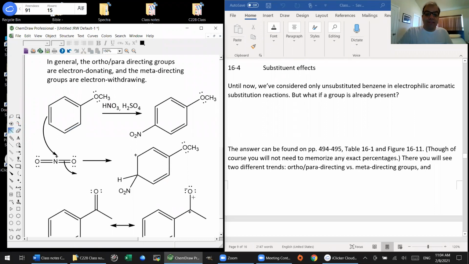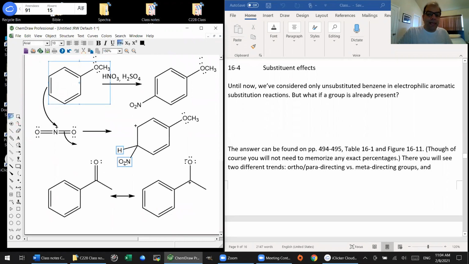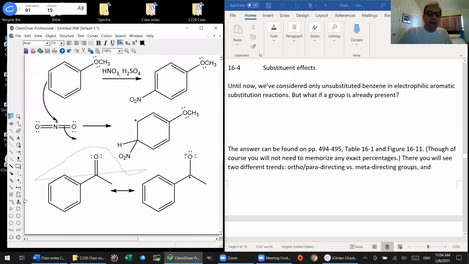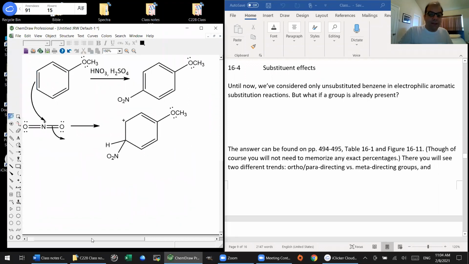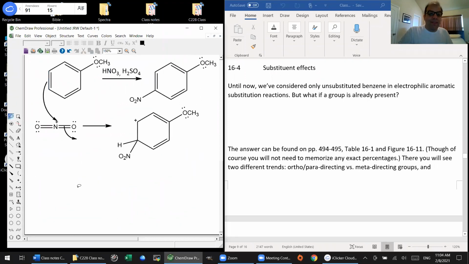So we do get this intermediate, and then we need to show removal of the proton to move the electrons in the carbon-hydrogen bond back into the aromatic ring. And again, I look around for anything that I can use as a base, and there really is nothing.